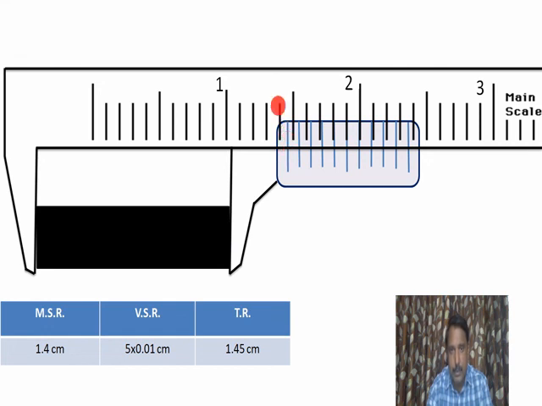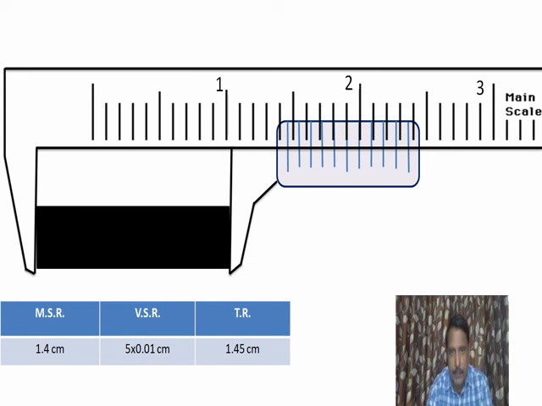So, this division of the main scale is crossed by your Vernier scale. So, this division is your main scale reading. How much is that? This distance is 1, here to here is 1, 1.1, 1.2, 1.3, and this is 1.4. So main scale reading is 1.4 centimeter.